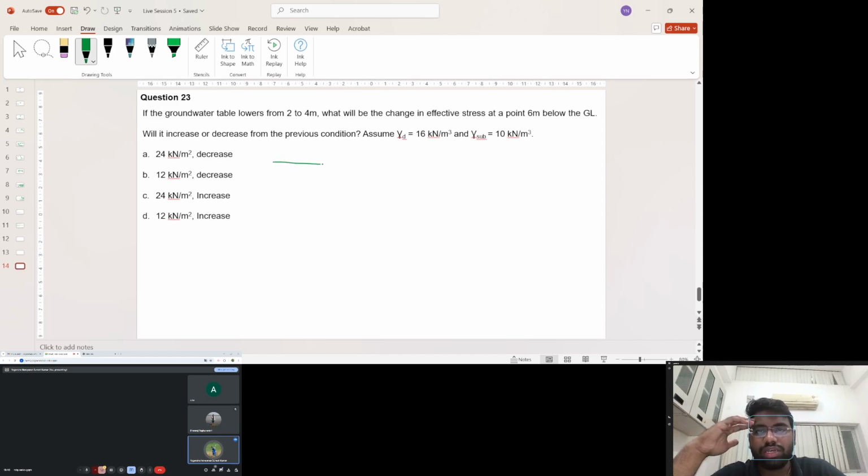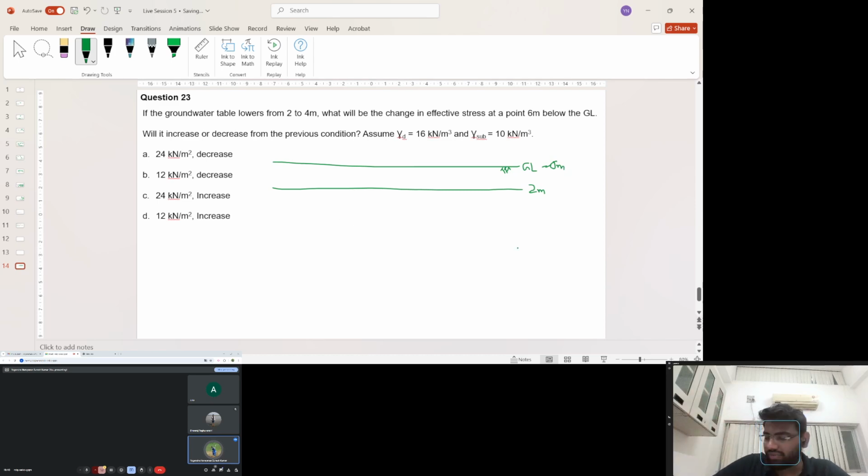So, now let us draw the diagram here. This is ground level, and initially the water table is at 2 meters. Let us consider this as the reference, 0. At 2 meters there is a groundwater table, and this is gamma dry, which is 16 kilonewton per meter cube.